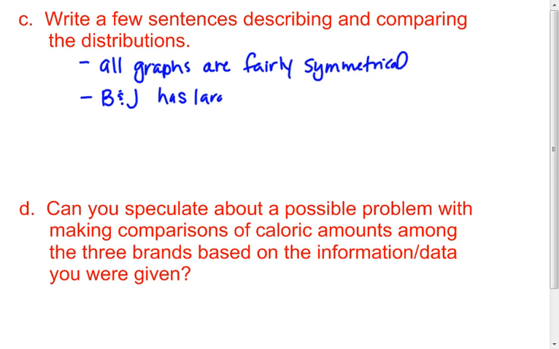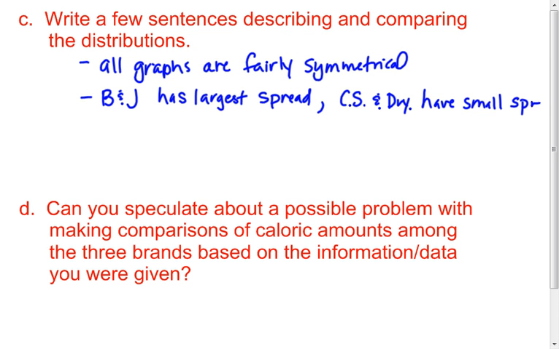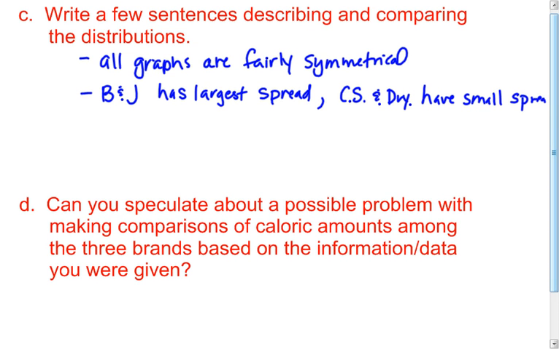I'm not putting this in complete sentences because I'm running out of space here, so I'm sorry. Ben & Jerry's has the largest spread. Coldstone and Dryers have very small spread. Okay, their box plots are not as wide.